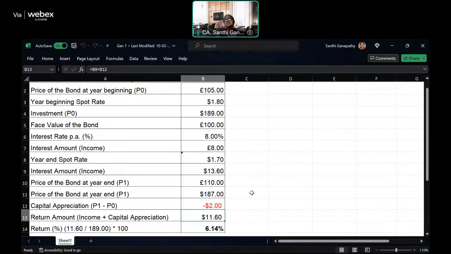Always, return on investment, yield on investment, should be expressed as a percentage. What do we get? Income plus capital appreciation.